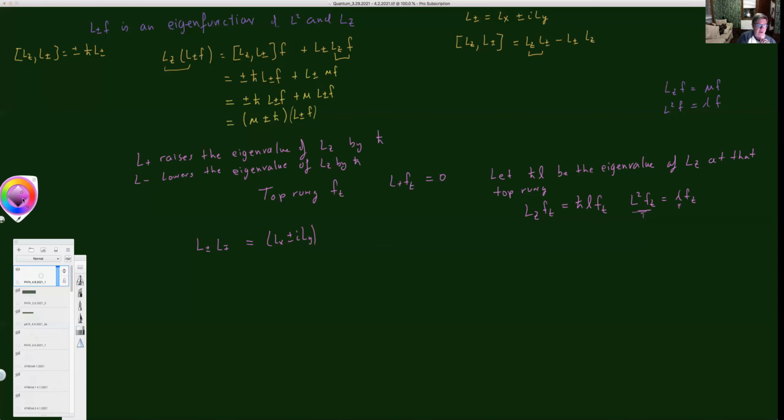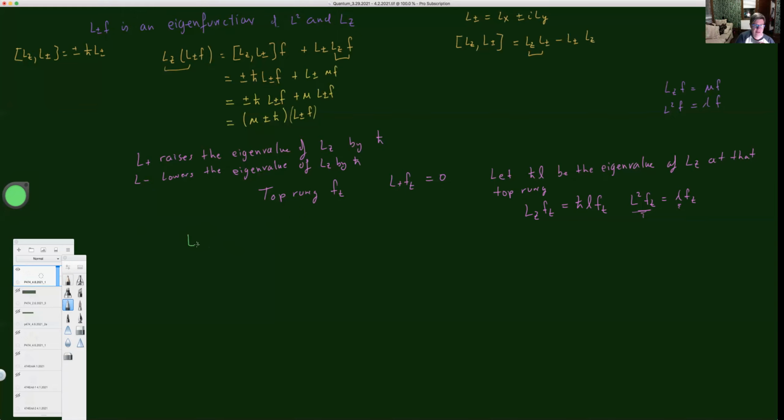I want to do that in a different color, so just hold on a second. I want to erase that, because this is kind of an aside. I'm sorry about the pen, it's really bad. We've got to derive what L squared is in terms of L plus L minus.